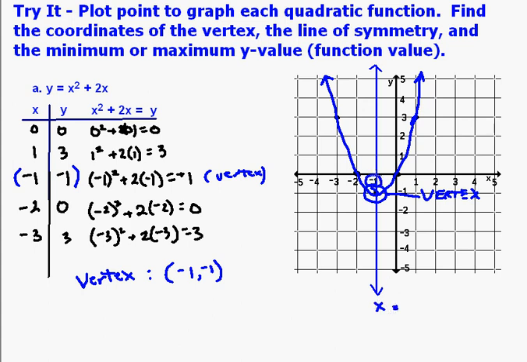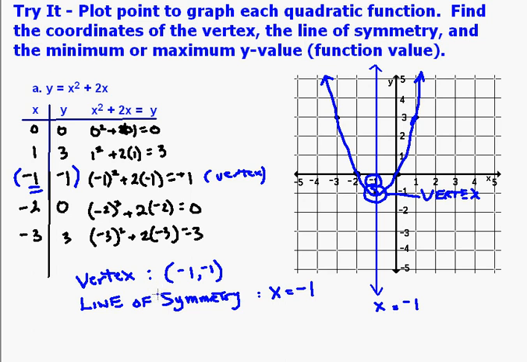Negative 1, which happens to be the x-coordinate of your vertex. So x equals negative 1. That's the line of symmetry, in the form of an equation.